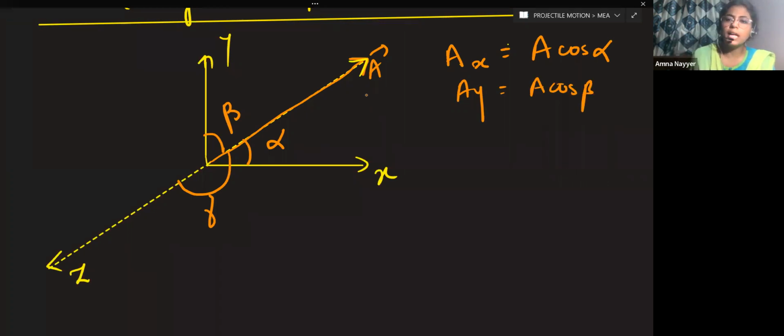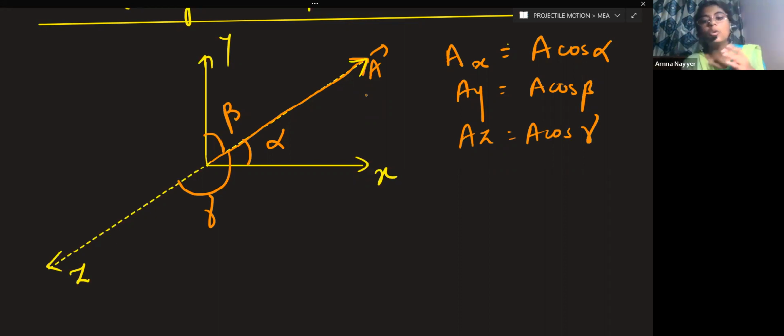Z is making what angle? Gamma. So AZ will be A cos gamma. This is how we resolve. End of it. No need to consider sign, nothing. This is the end of it.